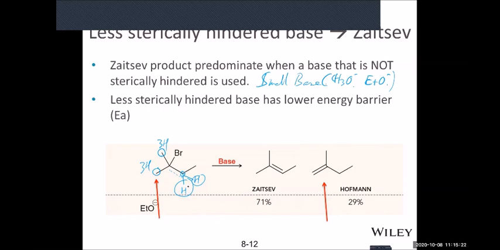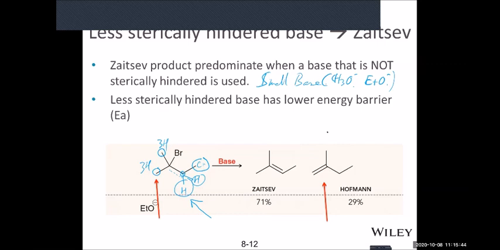Because when the base attacks this hydrogen, there's a methyl group in the way, which makes it difficult. But ethoxide, a small base, is small enough to approach from this direction and react.